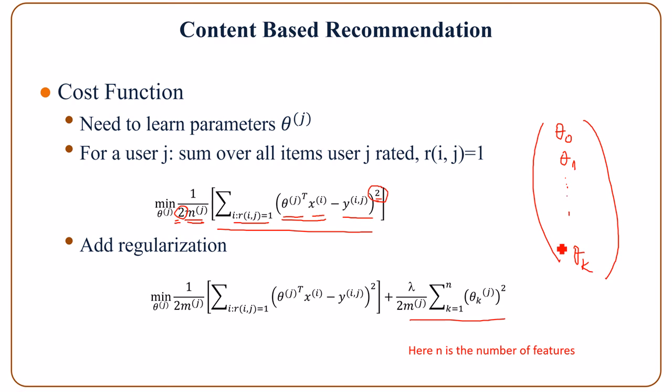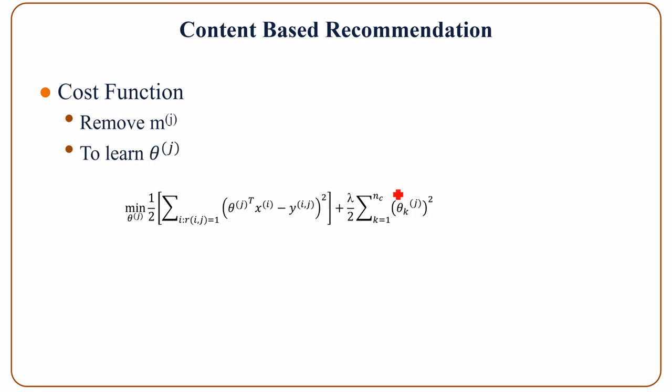This term regularizes thetas from theta 1, theta 2 up to theta k, and we don't regularize theta naught. To make the cost function look cleaner, we remove m for user j from the cost function. m j here, as you can remember, is the number of items that user j has rated.